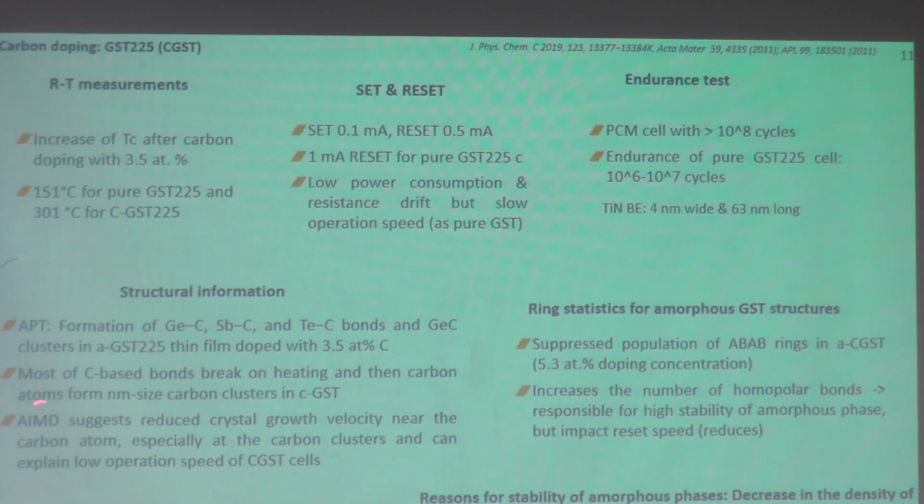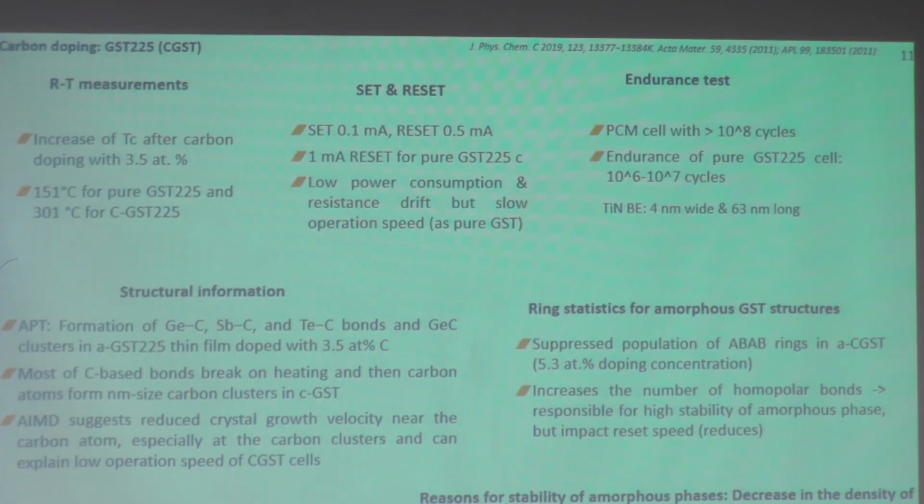Ab initio molecular dynamics simulations suggest that there is some reduced crystal growth velocity near carbon atoms, especially at the carbon clusters, and this can explain the operation speed of such CGST cells.